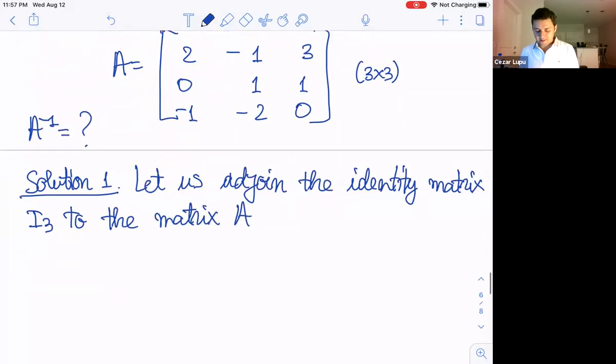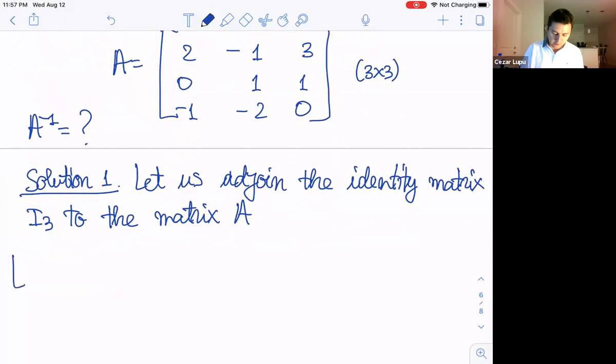This will be a 3 by 6 matrix. Let's write it. I hope I have enough room. I'll write A and the identity. And I'll perform elementary operations in such a way that at the end, the identity will be on the left, and then another matrix will be on the right. And guess what? That matrix that will appear on the right will be nothing else than just the inverse of A.